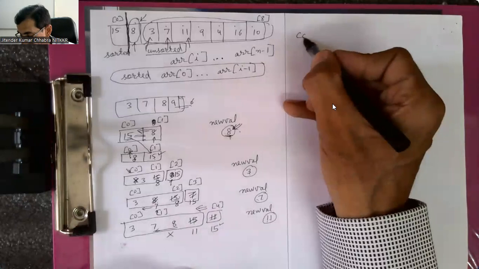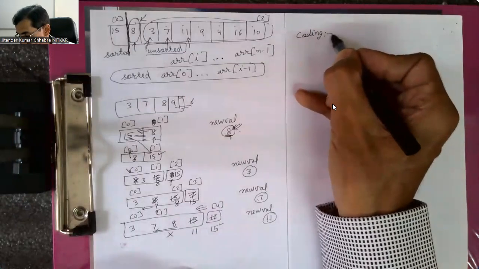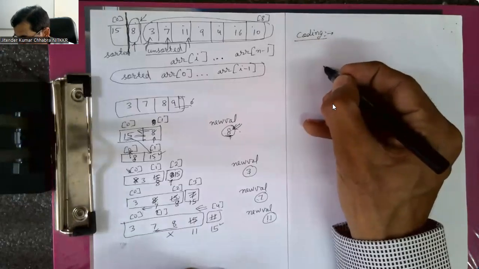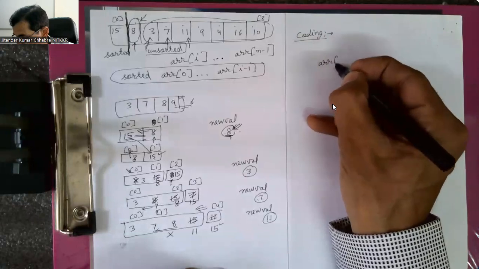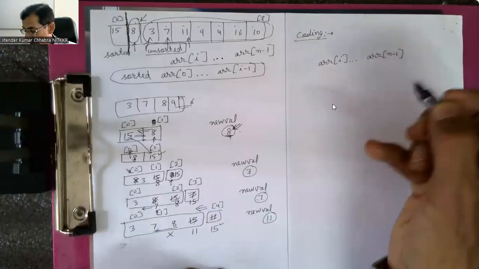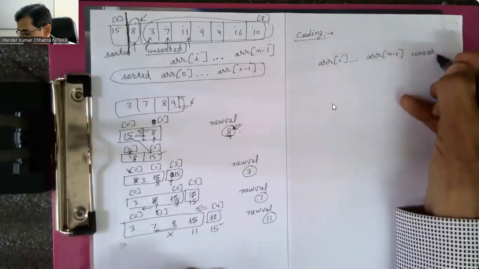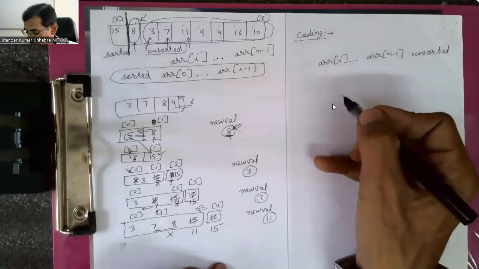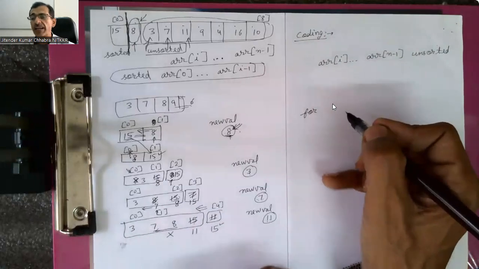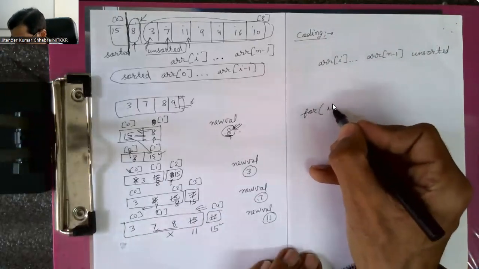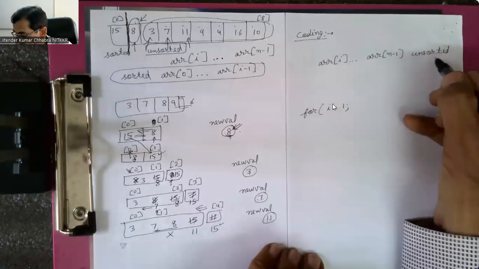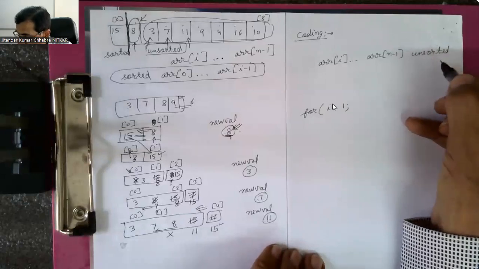So let's do the coding part. My logic is simple. I said, consider arr[i] to arr[n-1] is the unsorted list. That automatically means I will need a loop for i because i should change. My unsorted list will keep on decreasing. Initially, I can safely start with i equal to 1, because i equal to 0 means one element only.